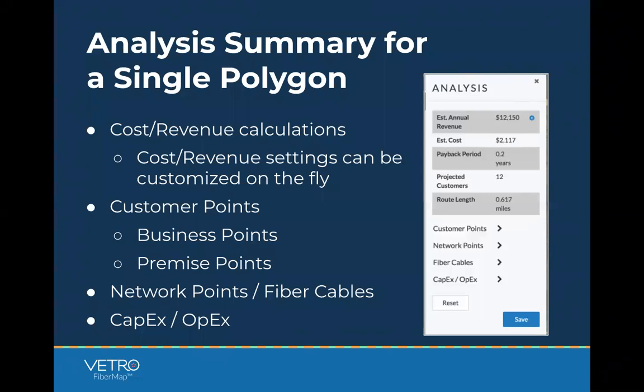And then the last category that we see is CapEx, OpEx. So this data comes from our partner, CostQuest Associates. And this is a blend of sources. So the CapEx model that they've developed is the same modeling that's used for FCC estimates for program auctions. And it includes some really in-depth information about these block groups.